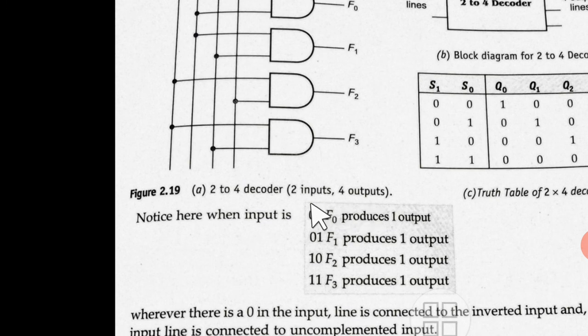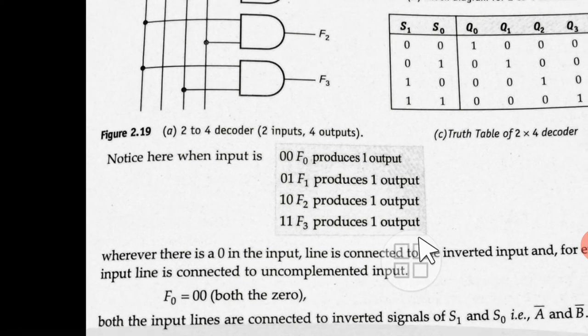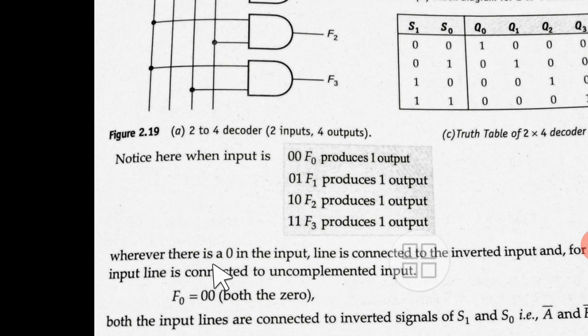So here notice, when the input is 0 0, F0 produces one output. With 0 1, F1 produces one output. When 1 0, F2 produces one output. When 1 1, F3 produces the output 1. Whenever there is a 0 in the input, the line is connected to the inverted input.